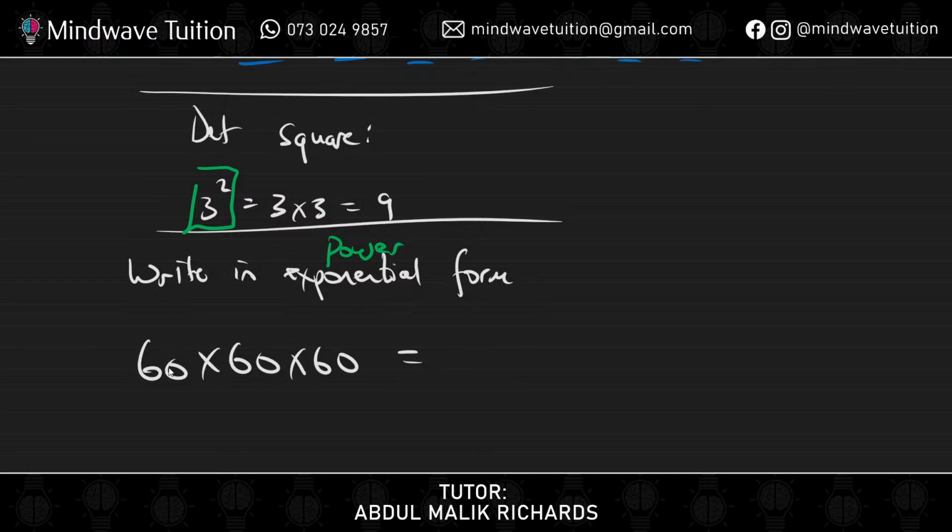It's the number that is being multiplied repeatedly, which is 60. And then we count how many 60s there are. There's 1, 2, 3. And there's your exponential form or your power form. And yeah, that is basically exponents.